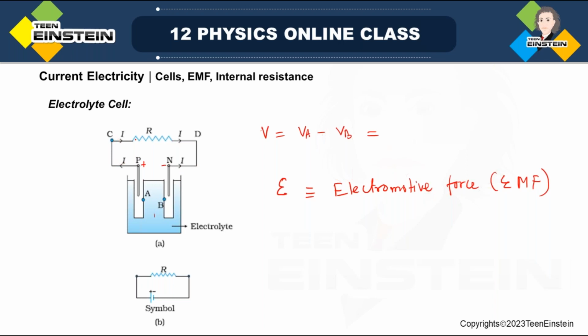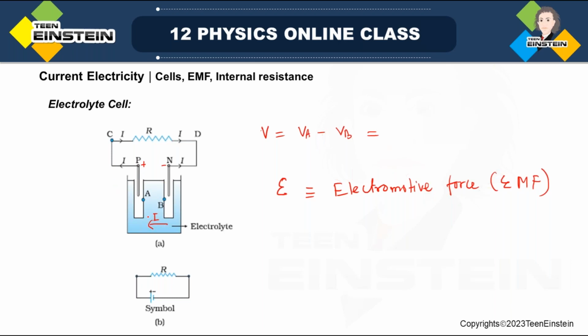Suppose I is the current flowing through the external circuit in the direction C to D, that is P to N. But to close the circuit, inside also there will be a flow of the same current, and its direction will be N to P, that is, negative terminal to positive terminal.